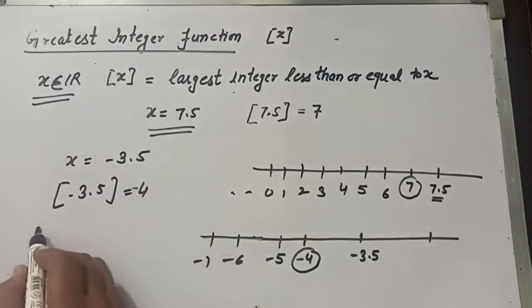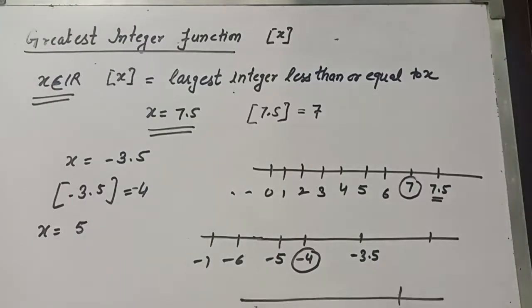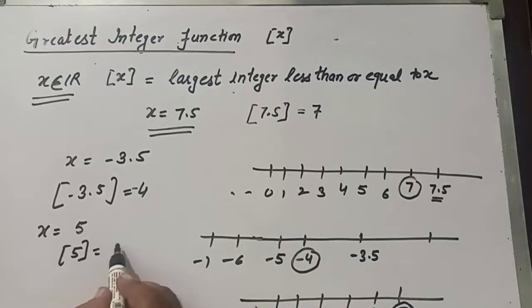But if x is just an integer, suppose x is 5, then the integers less than or equal to 5 are 5, 4, 3, 2, 1, 0 and so on. The greatest among these is 5. So the greatest integer of 5 is 5.